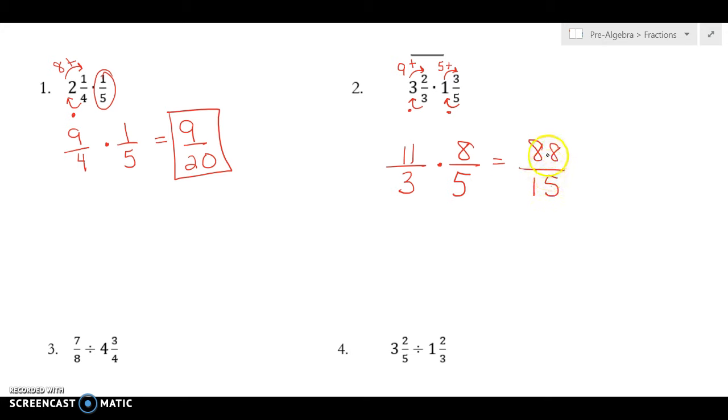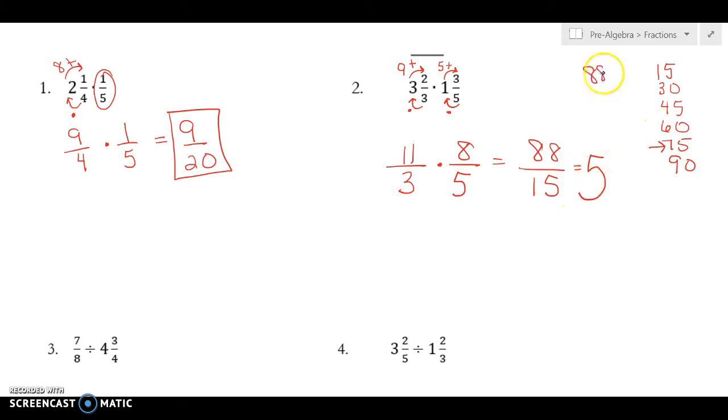All right, so we have to figure out how many times 15 goes into 88. So if I wrote out my multiples, I don't have a calculator with me. There we go. 75 is as close as I can go without going over. So that's 1, 2, 3, 4, 5.